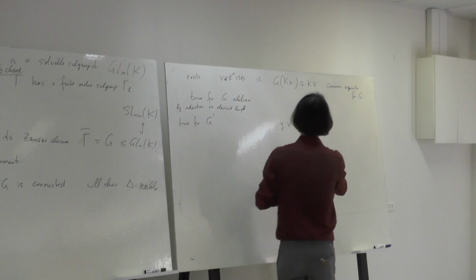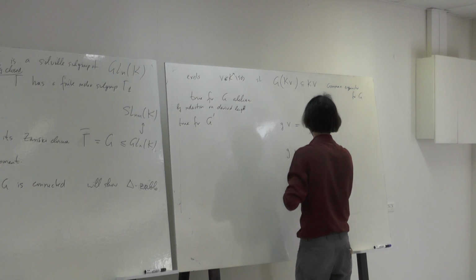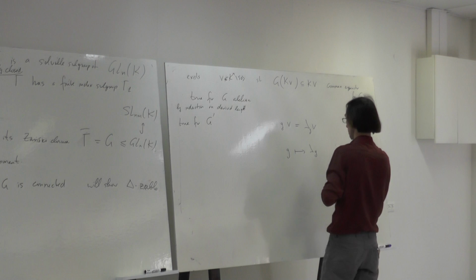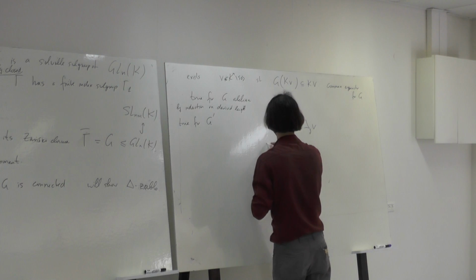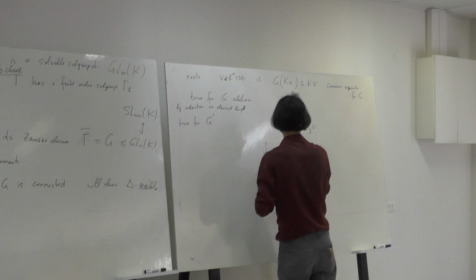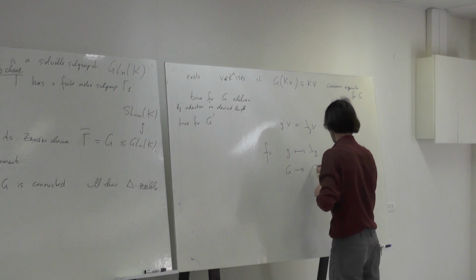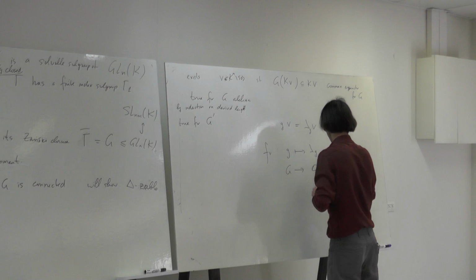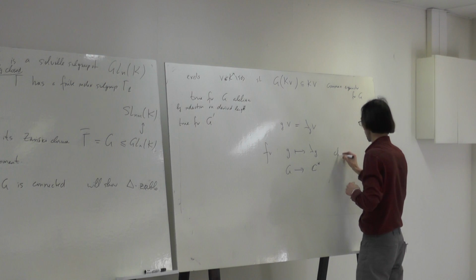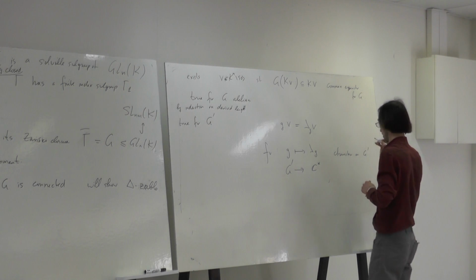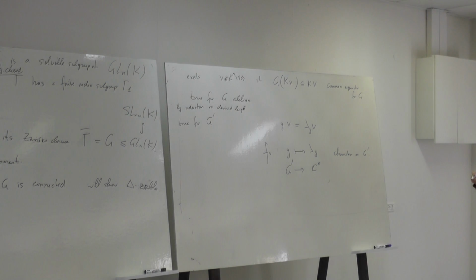But then the map which sends g to lambda is a character, right? Call this map f_v. It is a map from G prime to the non-zero scalars. This is a character. Wait, this isn't on G, it's on G prime, yeah, that's right.